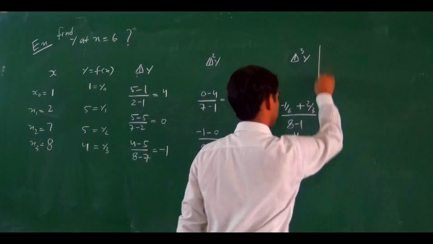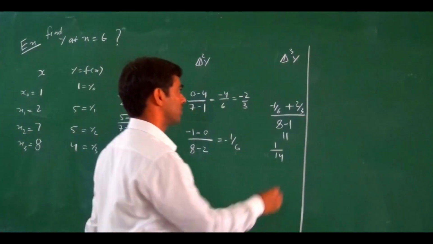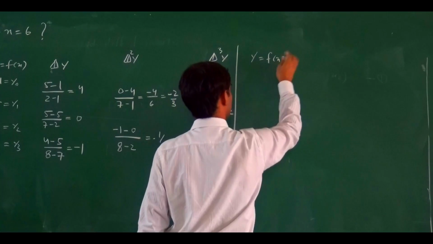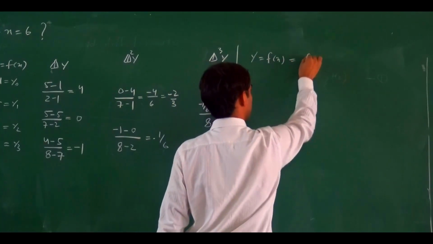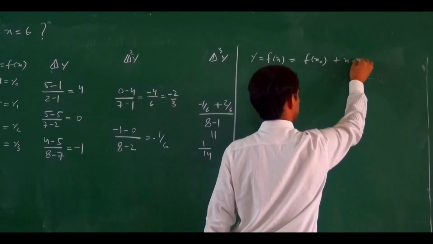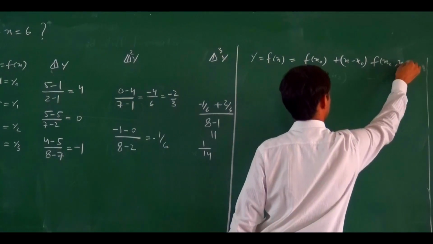So what is the Newton divided difference formula? f(x) equals f of x0 plus x minus x0 times the first order divided difference f of x0, x1.